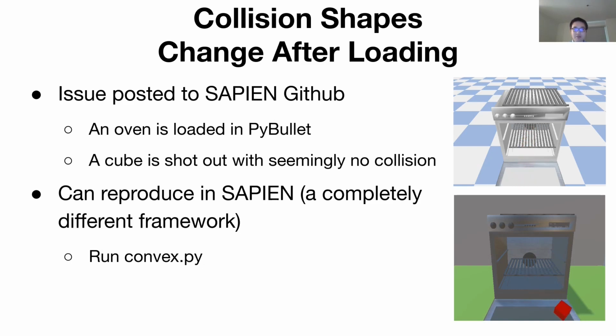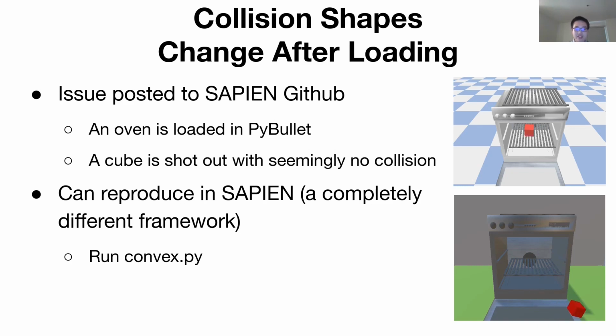As from the previous slide, you can probably guess that the visual shape and the collision shape are not matching. But in this case, they're actually the same shape. And I can even reproduce this exact issue in Sapien, which is a completely different framework compared to PyBullet.